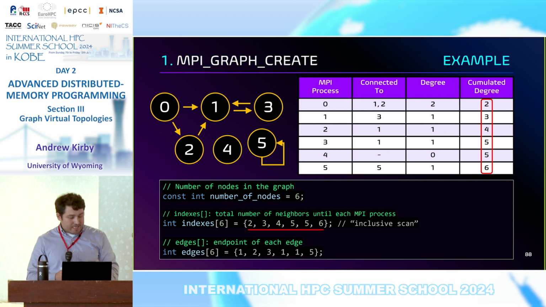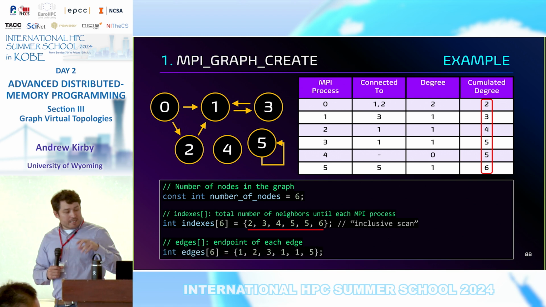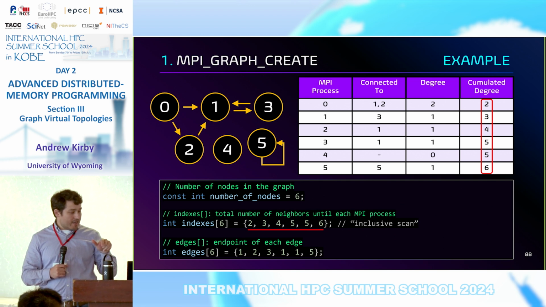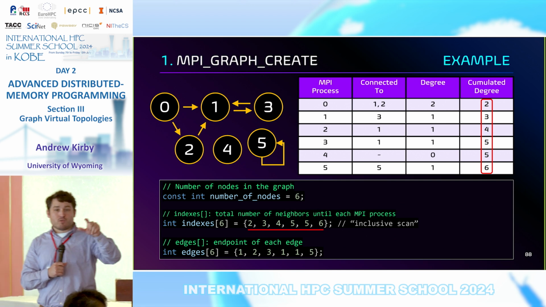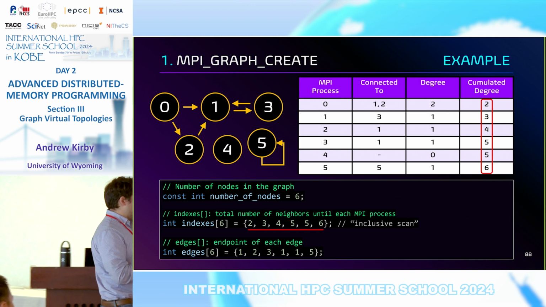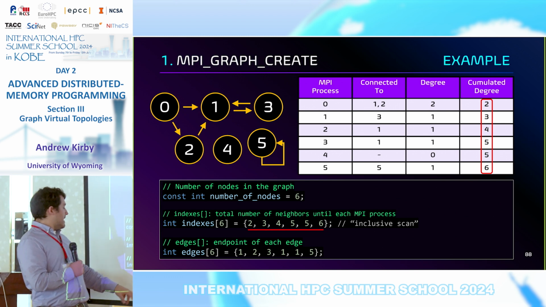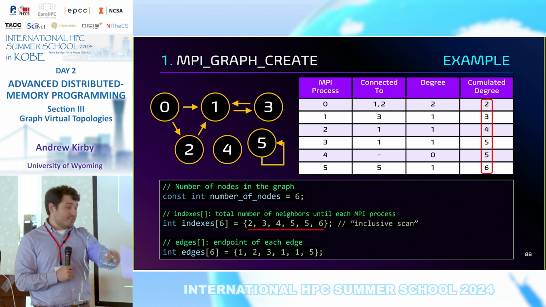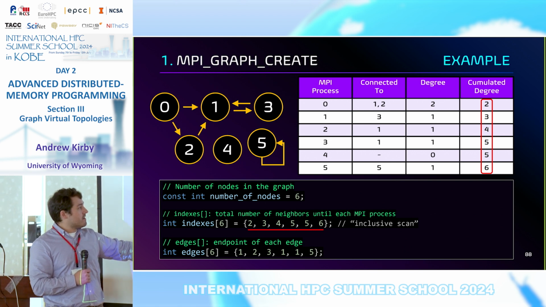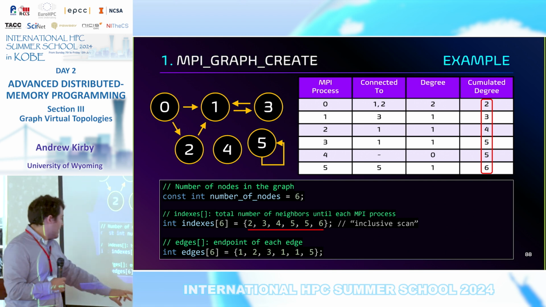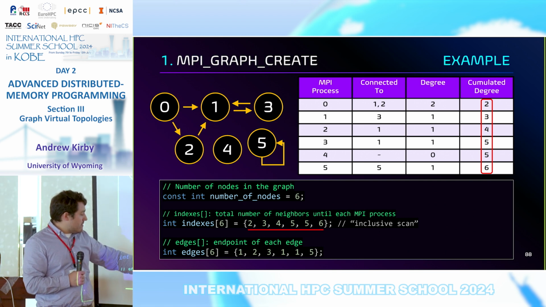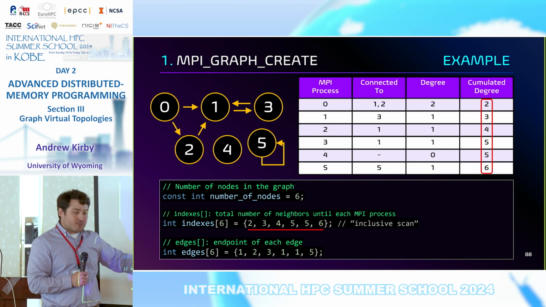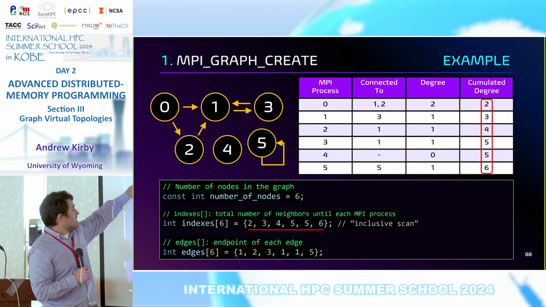And then edges indicate basically our actual nodes we're connected to. So remember, on the first entry of our indexes array, it said we're connected to 2 nodes. If we map it, there are going to be 2 entries of the node IDs that rank 0 is connected to.